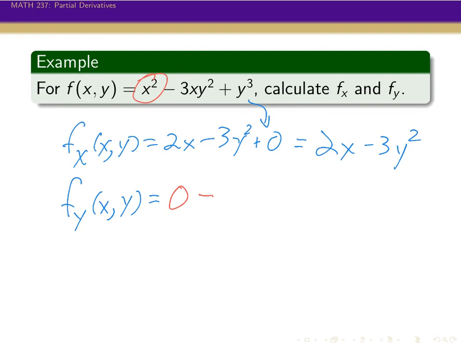Minus 3x gets pulled out because it's constant, but then the derivative of y squared is going to multiply by a 2, I get a y there. And then the derivative of y cubed is going to give me 3y squared. And so this simplifies down to minus 6xy plus 3y squared.